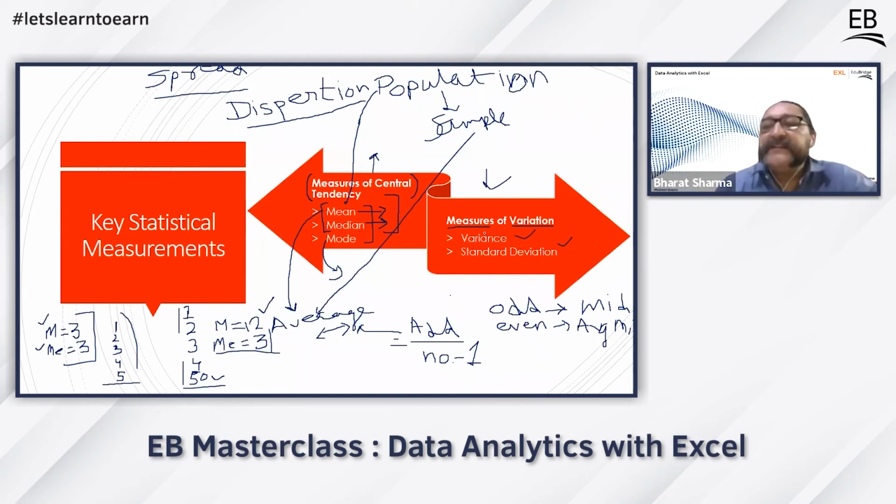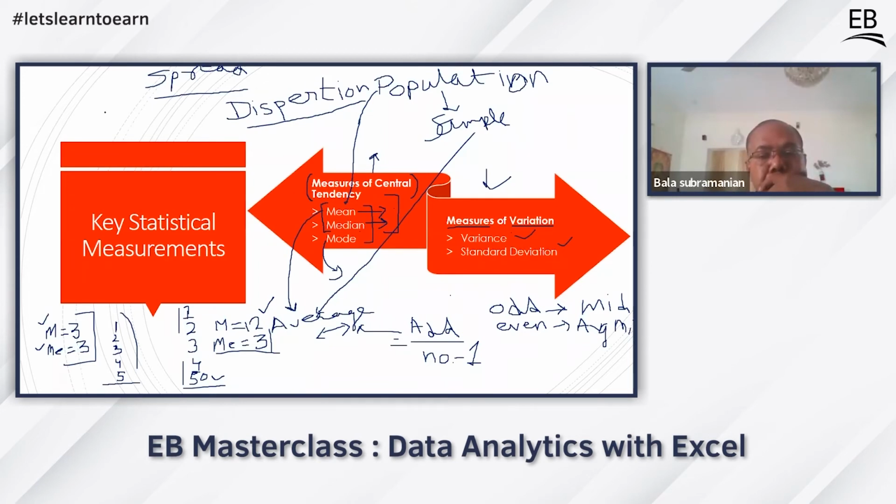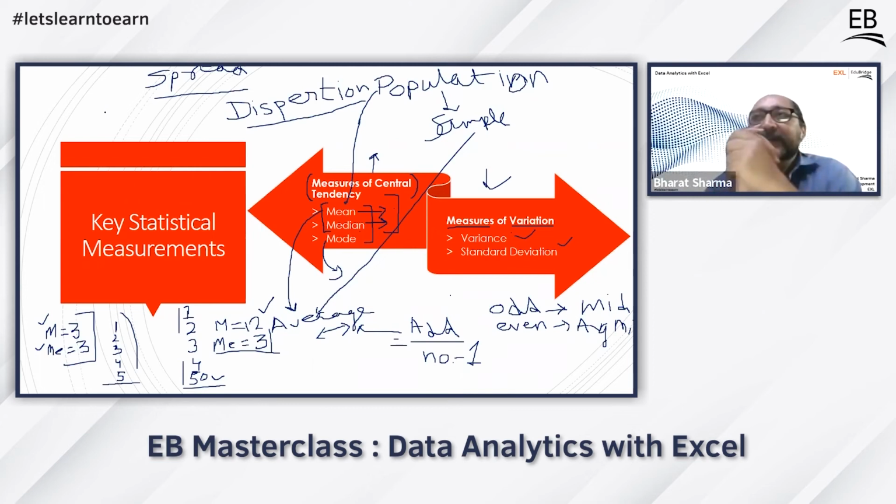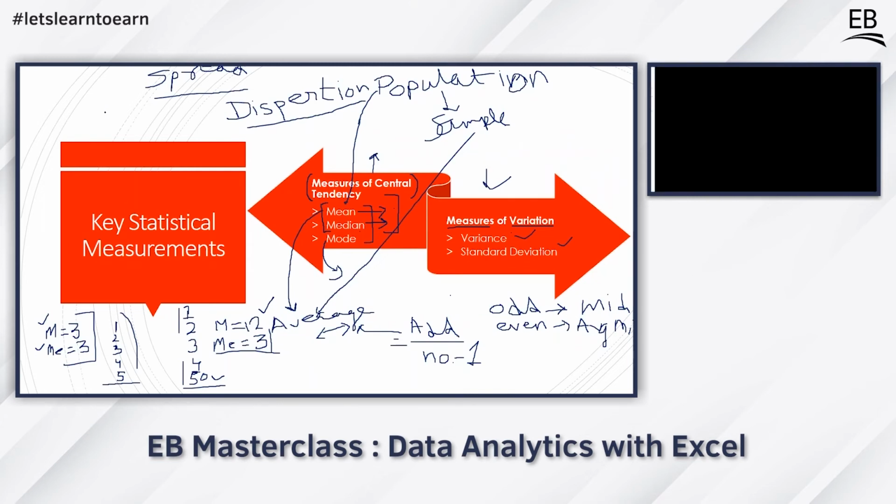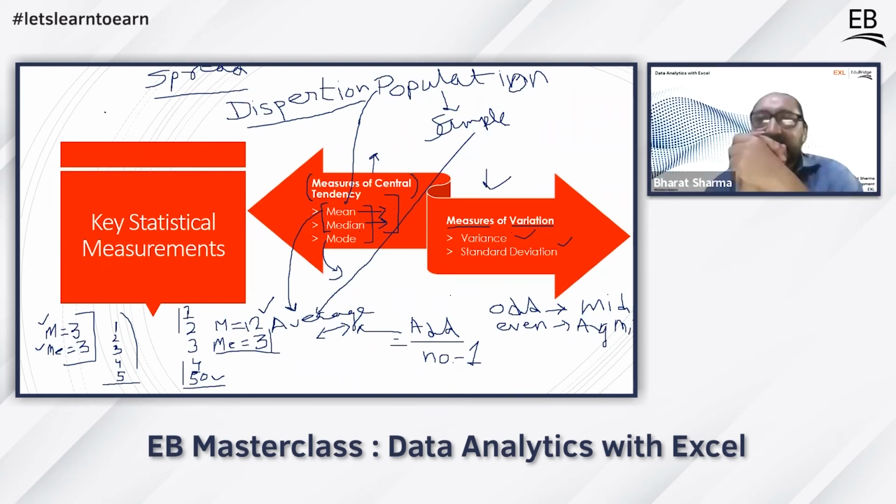Okay. Now, what is variance? So this is one of the measures of variation. Variance. Anybody who knows? The measure is taken with the mean. If the difference between the data is calculated with the central tendency mean, then it is variance. And what is standard deviation?